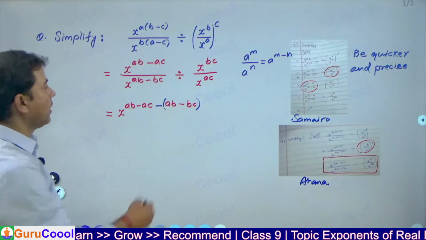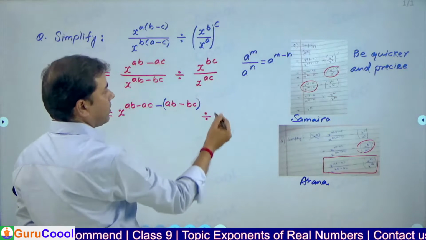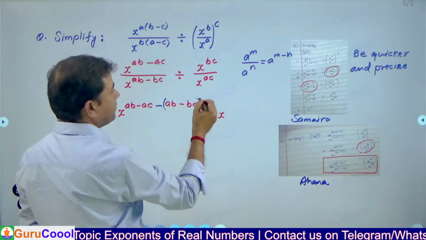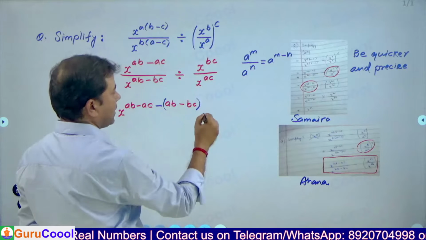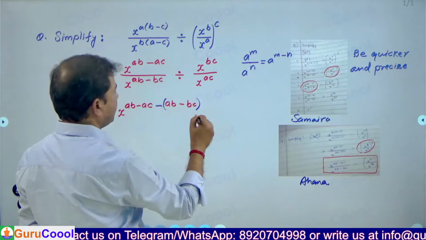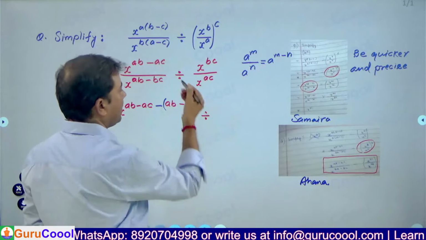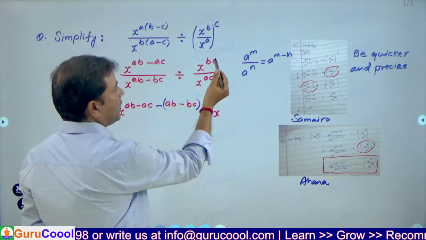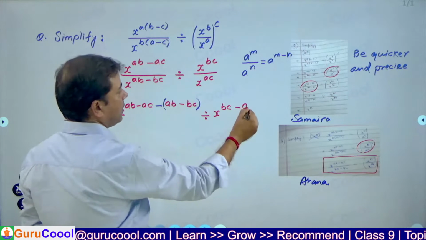Now the division sign comes, and then the second term, again the same rule: x raised to the power numerator's power bc minus denominator's power ac.